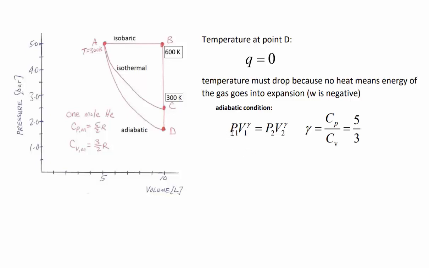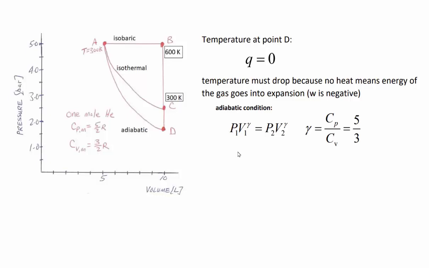So pressure times volume raised to gamma is constant over an adiabatic process. That constant, gamma, is the ratio between the constant pressure heat capacity and the constant volume heat capacity, which for an ideal gas has the value of 5/3.